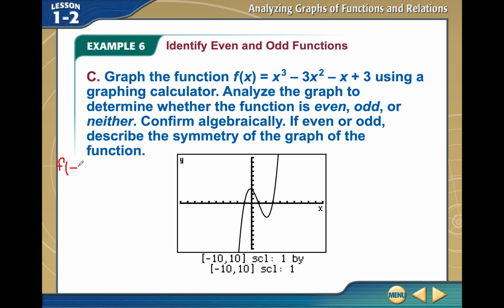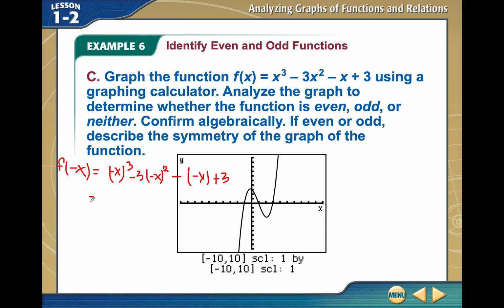F of minus x is equal to, let's substitute minus x into x, so that would be minus x all of it cubed minus 3 into minus x all of it squared, minus and minus x and plus 3. So I'm just substituting minus x into x. Now let me move on.